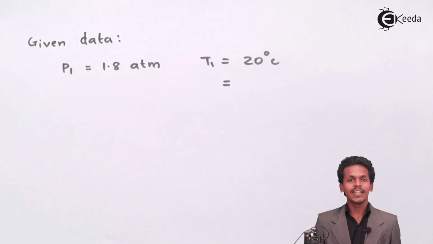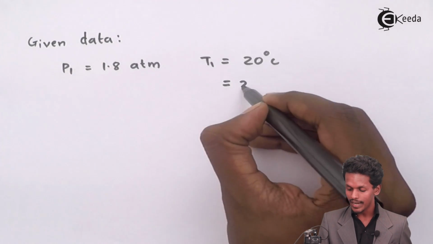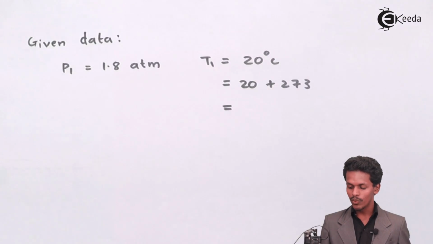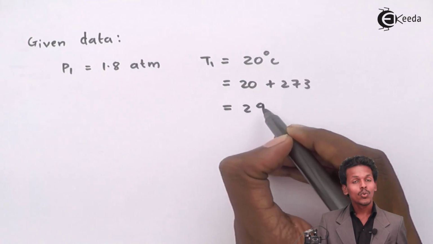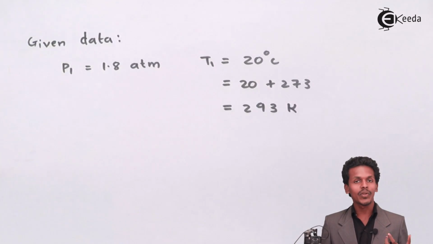This 20 degrees Celsius should be converted to Kelvin, so I add 20 with 273 to get a value of 293 Kelvin. So this is the temperature T1.